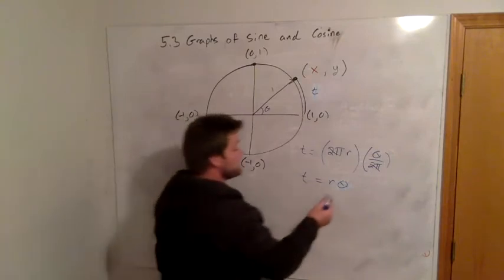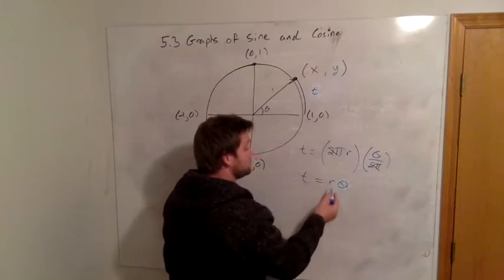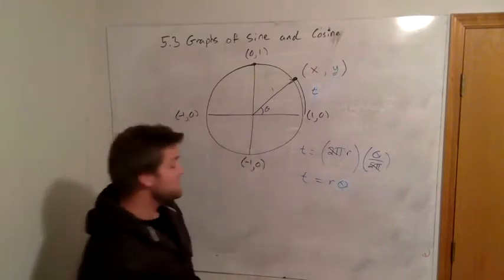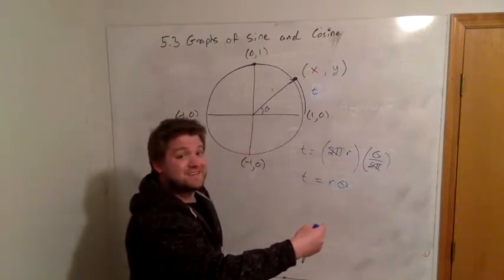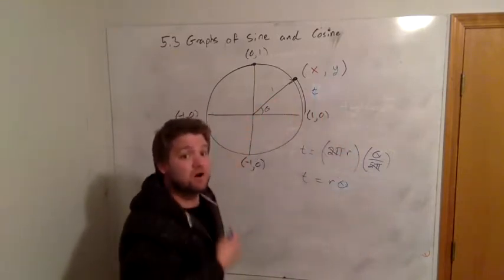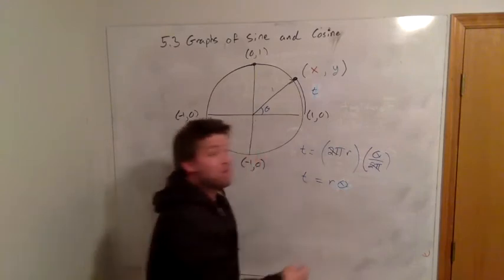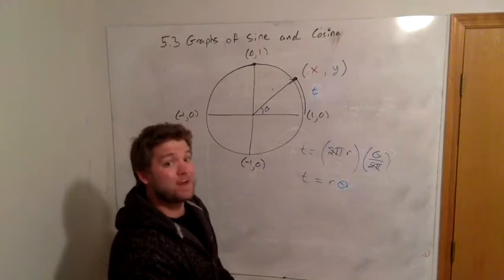Intuitively, this formula for arc length should make sense. The arc length around a circle of radius r is equal to r times theta, if theta is in radians. Remember how radians work. The radian is the angle made by a certain number of radiuses you walk around the circle. So if you walked 5 radians, you've walked around the circle 5 radiuses.